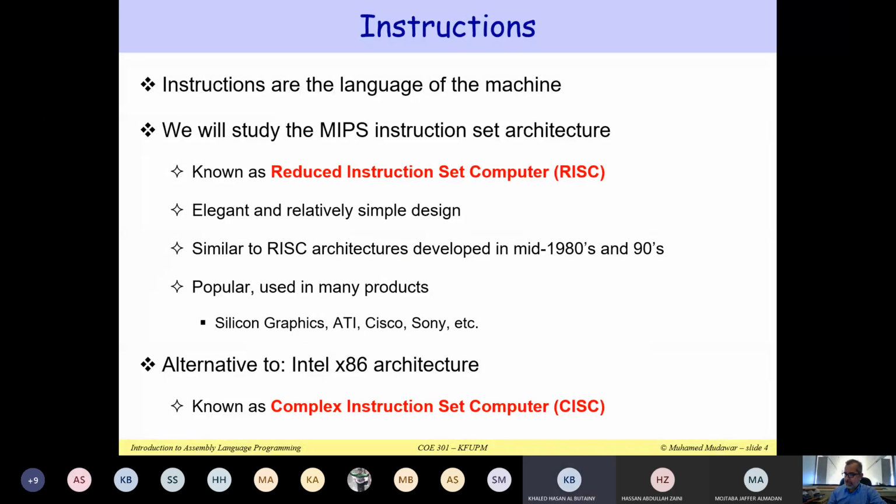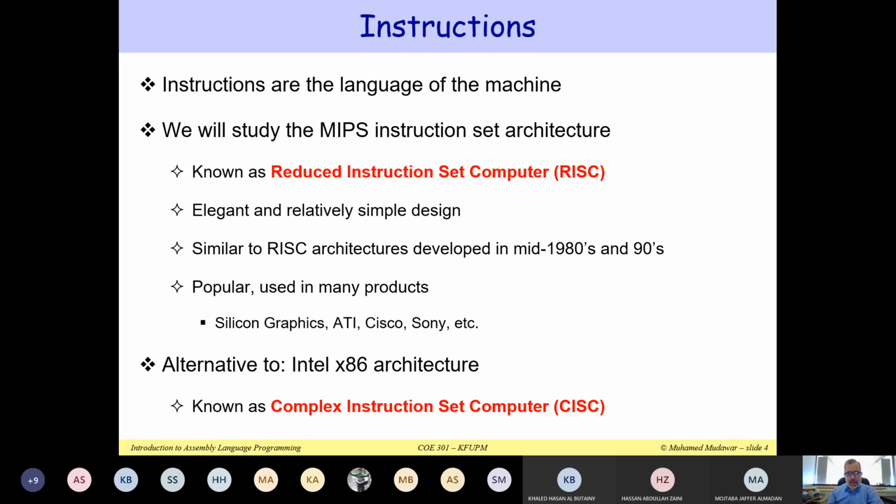Can we program, for example, an Intel processor using MIPS? No, what you have to do is that you have to use the instructions of the computer. So if you are programming directly in assembly, the assembly language is machine specific. It depends on the architecture of the processor.